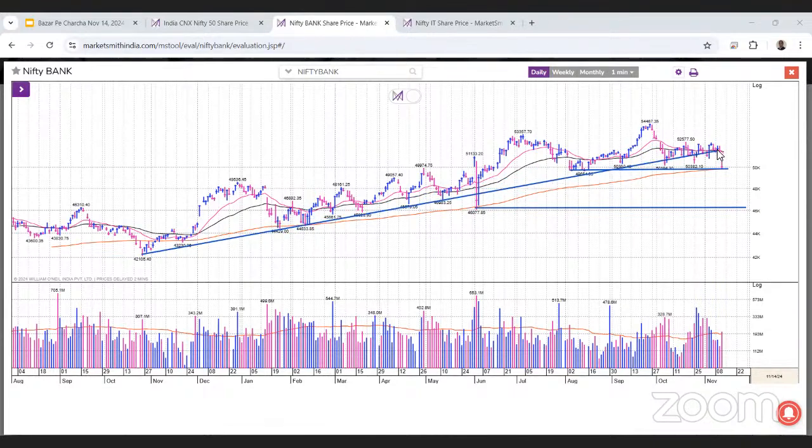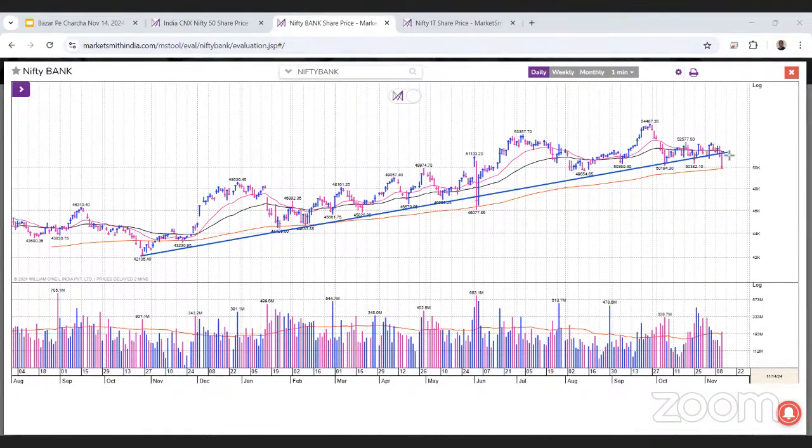Further, if I draw this particular trend line, let me first remove all this. Yes, so if I draw this long-term trend line, connecting so many lows from this level to this level, and then this level, almost near this level, this time again it has breached this upward sloping trend line, and is below 200.